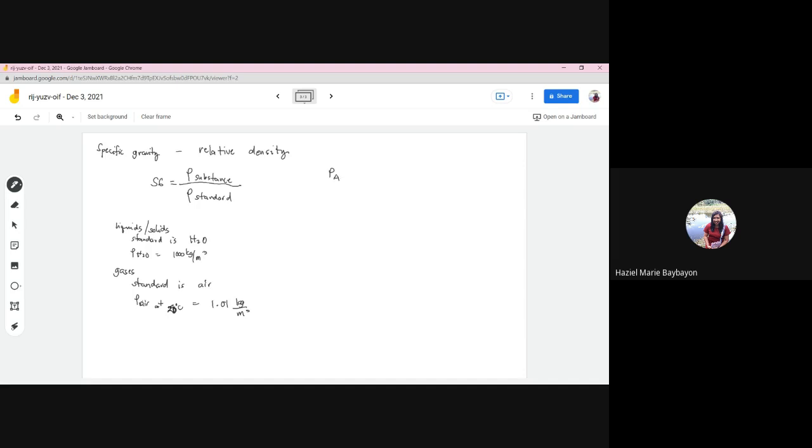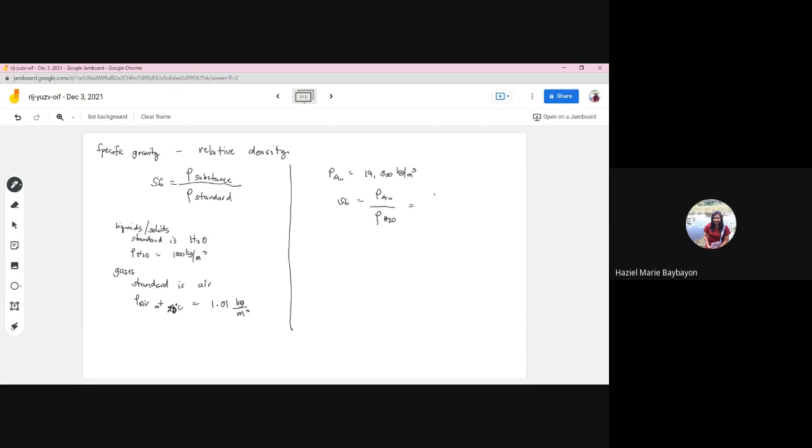All right, so say for example, we know that the density of gold equals 19,300 kilograms per meter cube. All right. So we want to know the specific gravity of gold. So the specific gravity of gold is equal to rho of gold divided by the density of water.